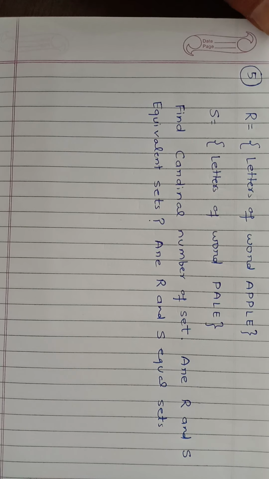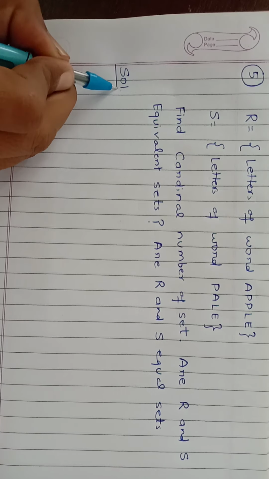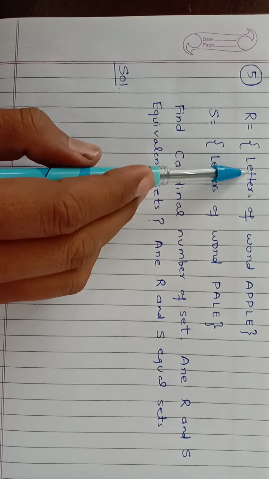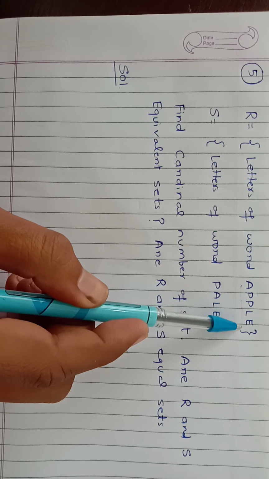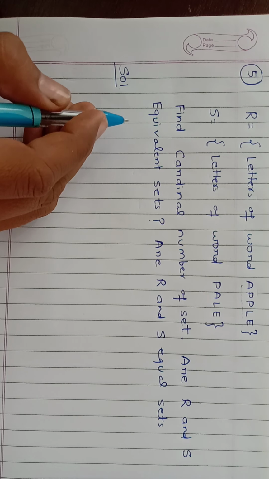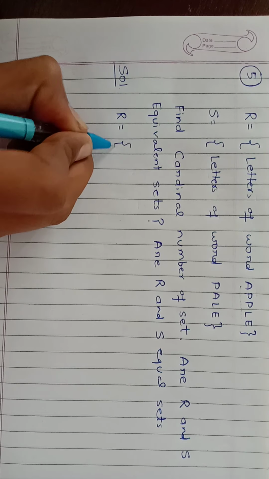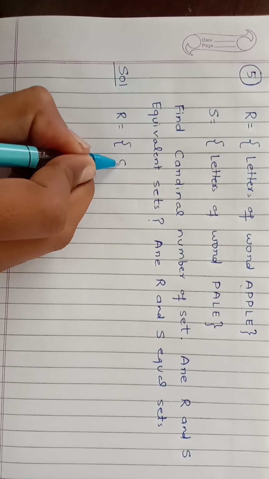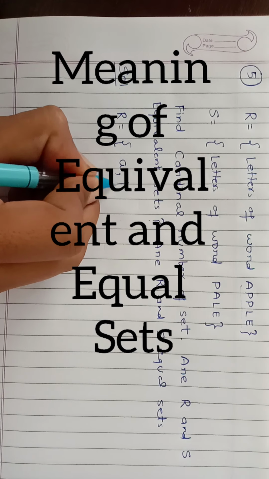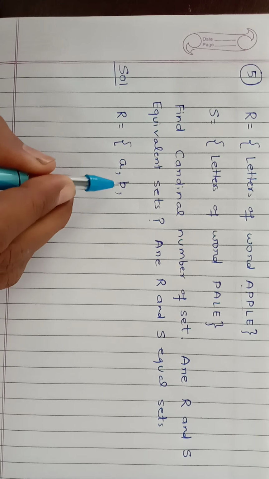So now we are having one more important sum. How to solve it? R is given apple. Apple we have to write in roster form. How to write it? R equals to, at first we will write A, then we will write P, comma P. Again here it is coming P, so only P we will write.